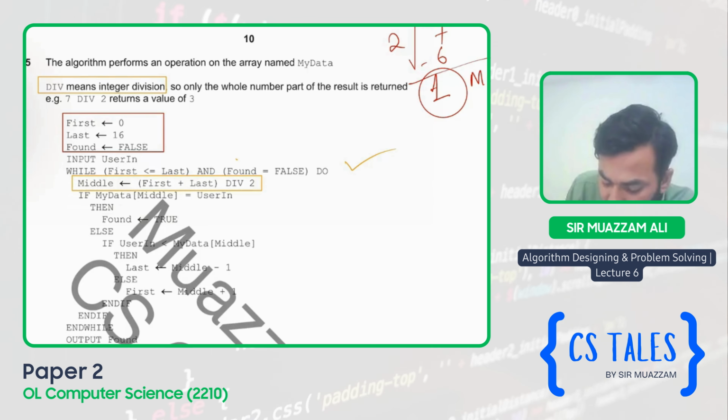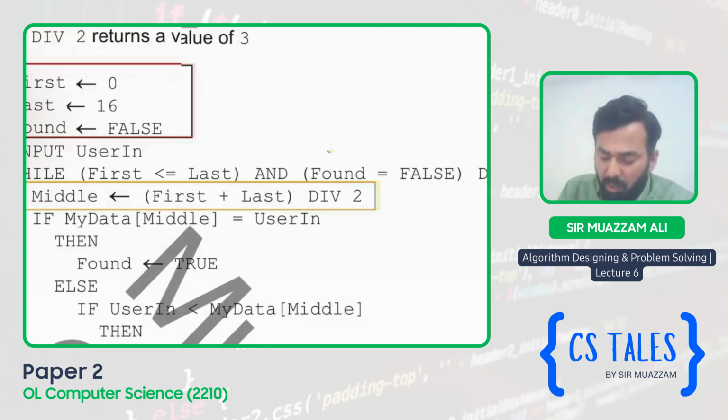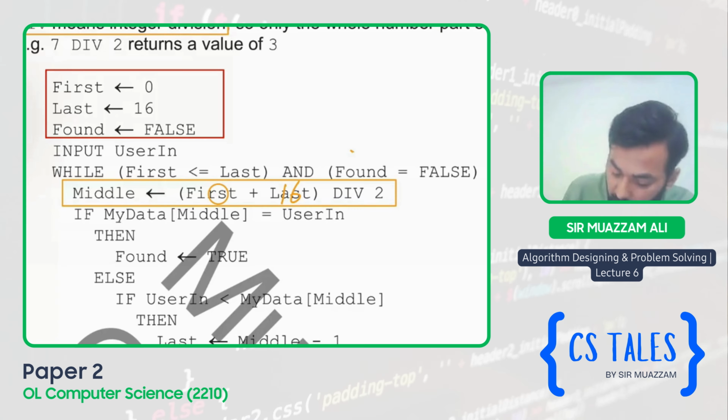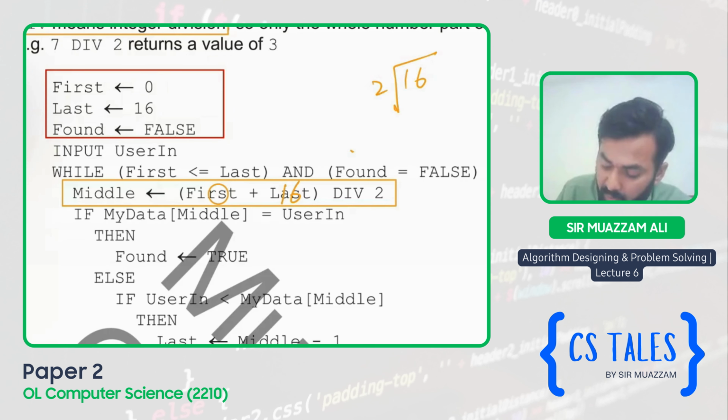Then he is saying that you have to store some value in middle. What is the value? What is first? 0. What is last? 16. Div 2. So what will it be? 0 plus 16 divided by 2. Whatever the value is, 16 divided by 2 will become 8.